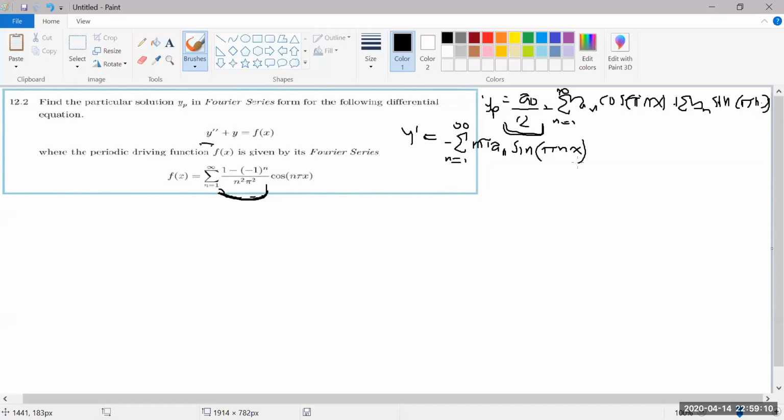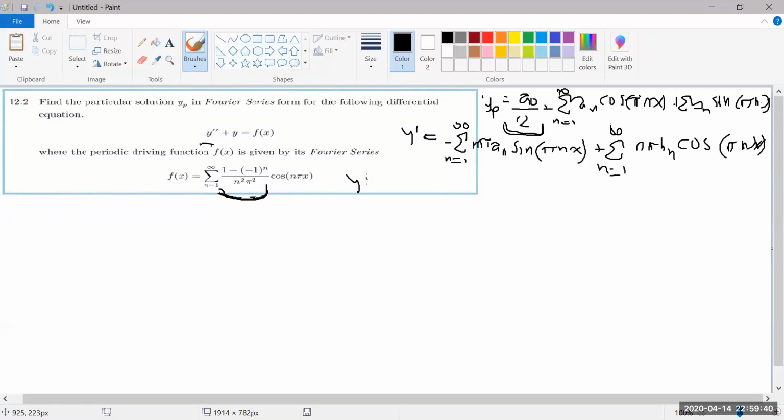We're going to differentiate the next term similarly, and we're going to get the sum n equals 1 to infinity of n pi b sub n cosine pi n x. Okay, so that is our first derivative.